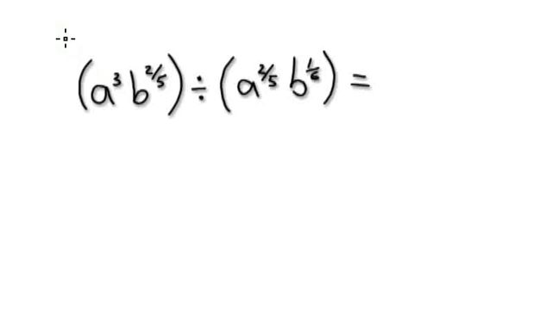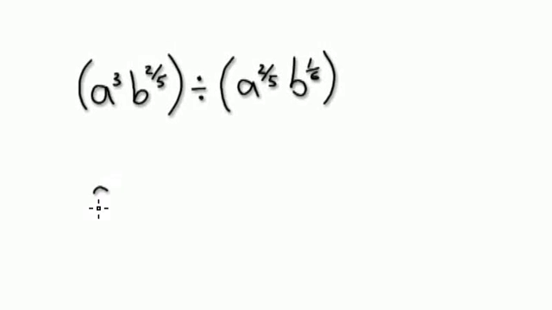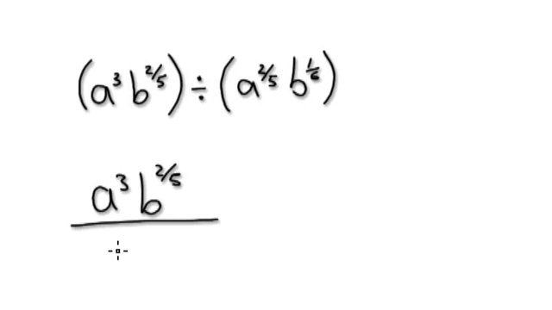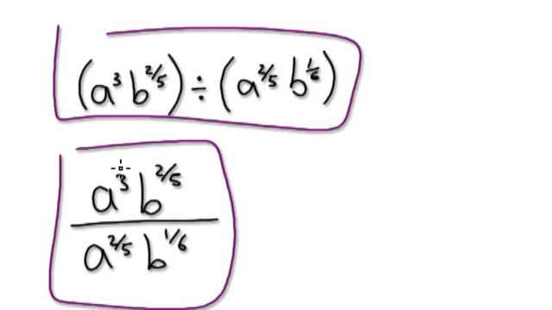Okay, so let's visualize this whole thing here as this. Hang on. A to the power 3, B 2 over 5 divided by A 2 here, B to the power of 1 over 6. So this whole thing here, we are going to visualize it as this.